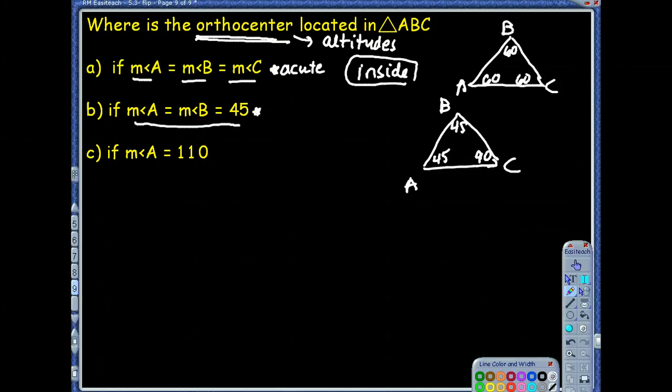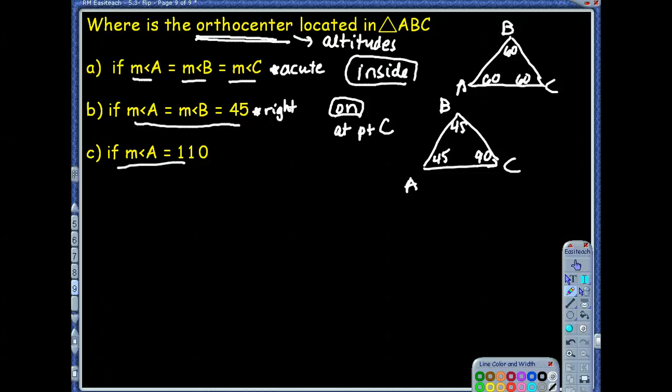Again, you don't have to draw a picture to see this, but where is it located on a right triangle? It was located at the right angle, at the vertex of the right angle, so at C. So it would actually be at point C. If you just said on, you'd probably be okay, but sometimes they might ask you to be a little more specific. So make sure you're careful with that.